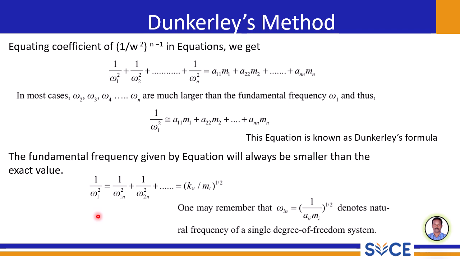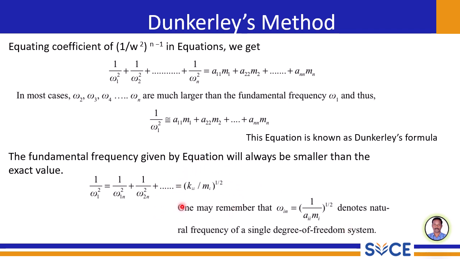Finally, let's consider this term aii, that is the flexibility coefficient at the ith mass, the direct flexibility coefficient at the location of mass i. The inverse of this represents the stiffness at that location. Therefore, this term is equivalent to m divided by k.